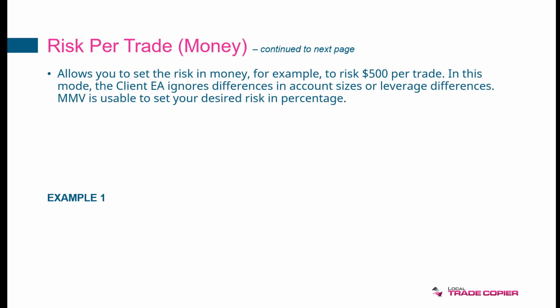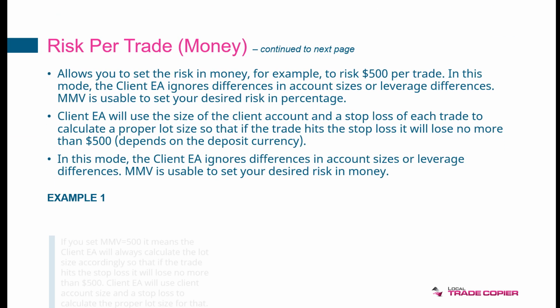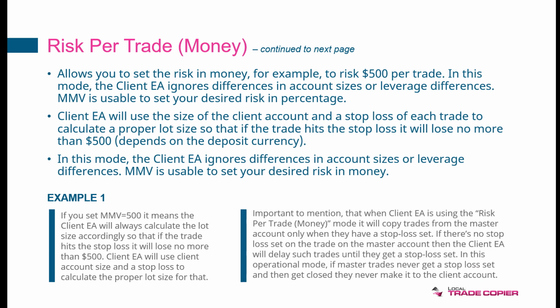Okay, so next one is the risk per trade in money. This one allows you to set the risk in money, for example, to risk $500 per trade. Whether it's dollars, euros or pounds depends on the deposit currency of your account. In this example, we use just United States dollars.